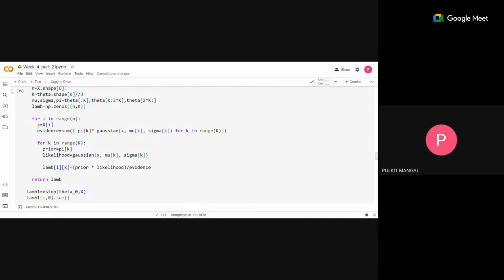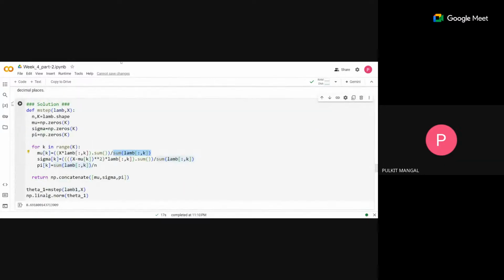Prior and likelihood, and ith value is this. Okay, this is also okay. Each step looks okay. M step. Okay, we did this mu, sigma, pi for each range.